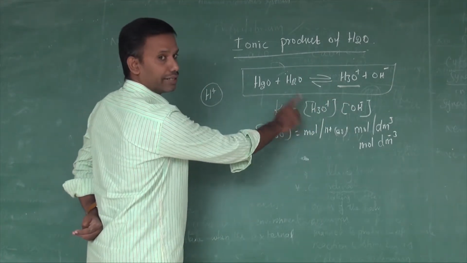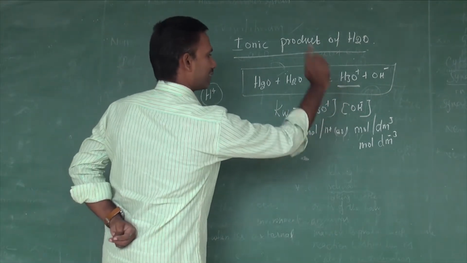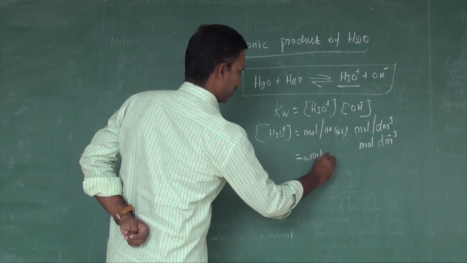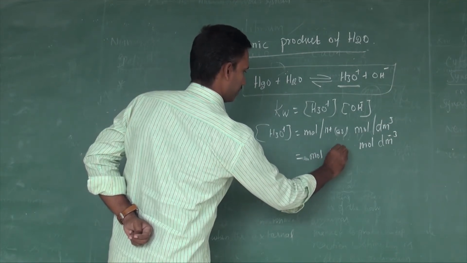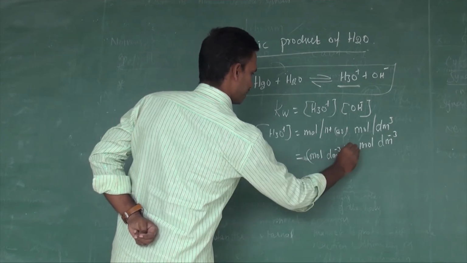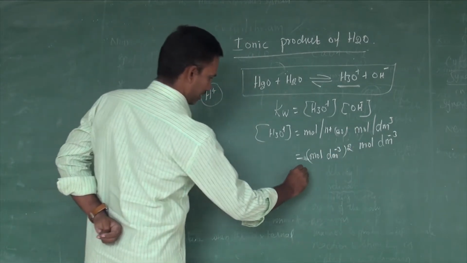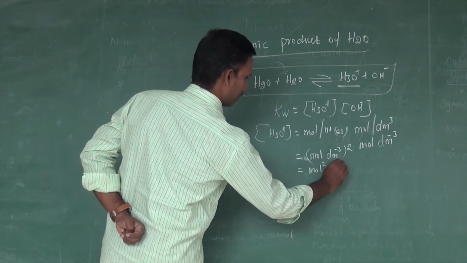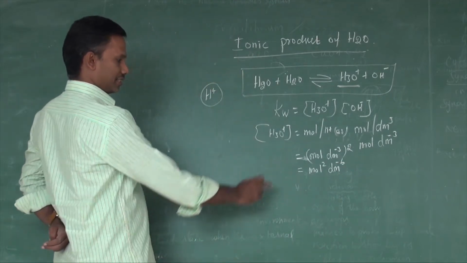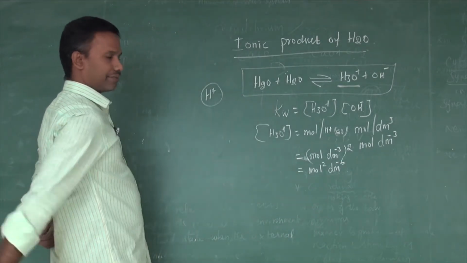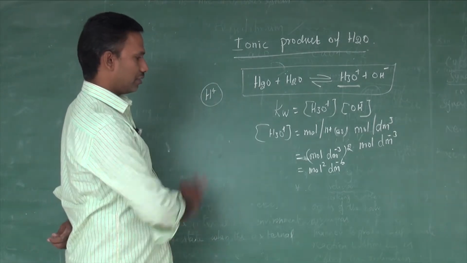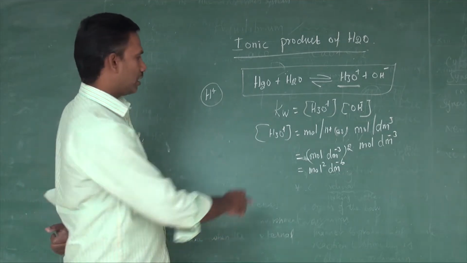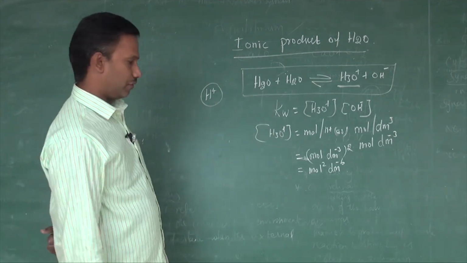One is the hydronium ion concentration, another one is the hydroxyl ion concentration. When you apply these units for each concentration, that is twice, then it can be given like this: mole square decimeter power minus 6. This is the unit for the ionic product of water. This may be taken as a one word question: write the unit of ionic product of water, or what is the unit for Kw? W for water, K, ionic product of water.